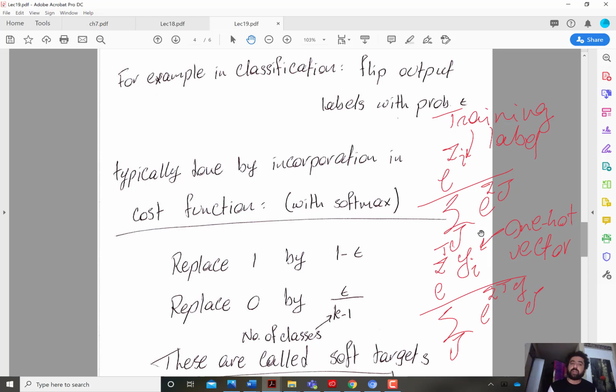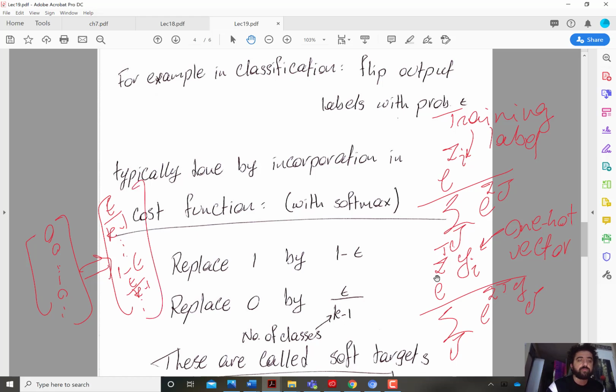Now, when I add noise injection to the output, I change the 1 in the one-hot vector. Instead of a vector of zeros, 1, and then zeros, I change it into a vector with epsilon over k minus 1 instead of the zeros, and 1 minus epsilon instead of the 1, where k is the number of classes.